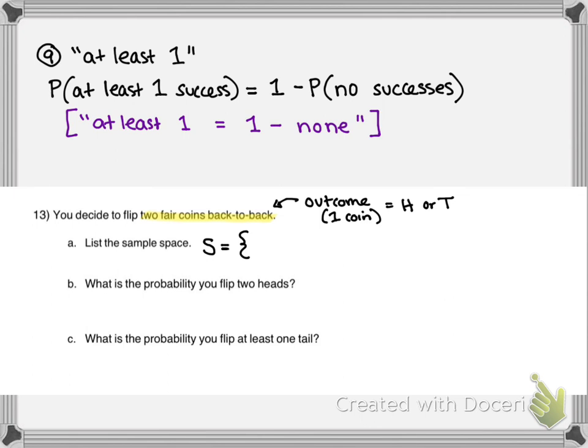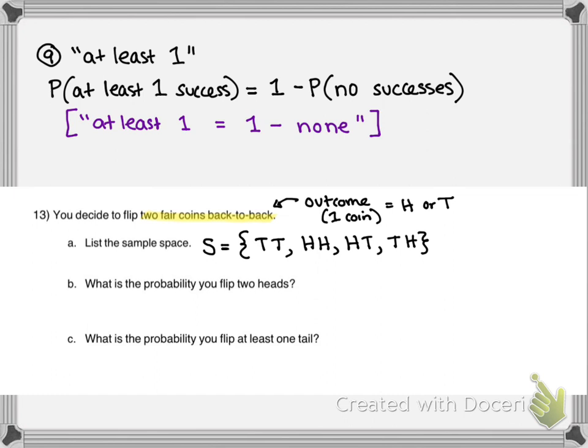So if we flip 2 coins at a time, then maybe one of the options that we look at would be tails, tails. Another option we might see is heads, heads. And then we see maybe heads, tails, and tails, heads. So that completes our sample space, 4 possible options in the sample space.